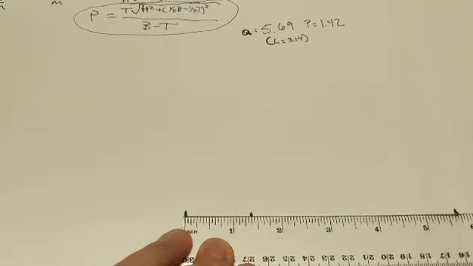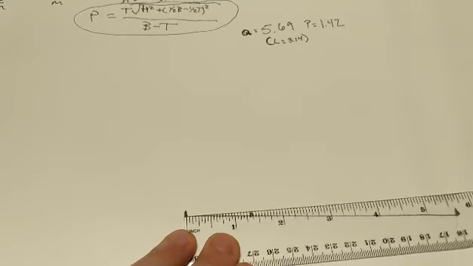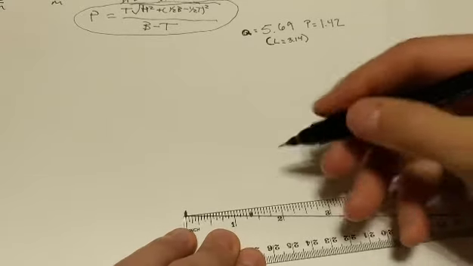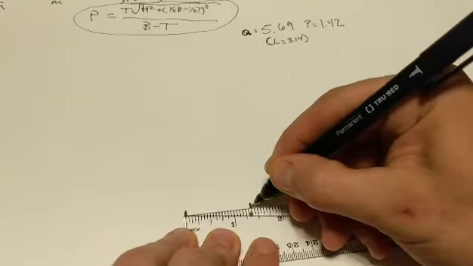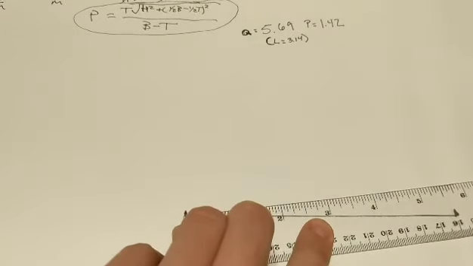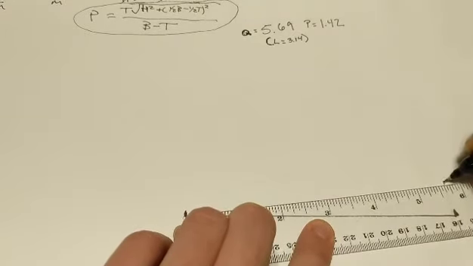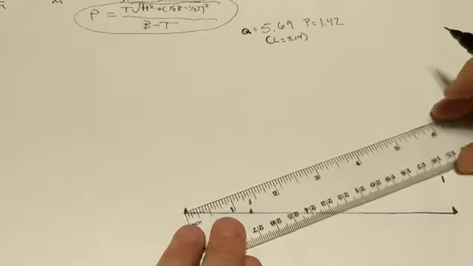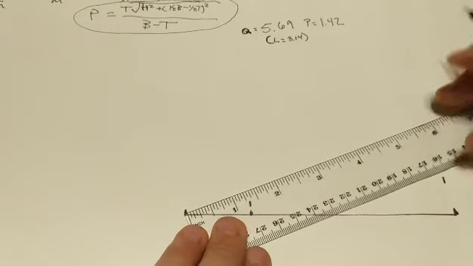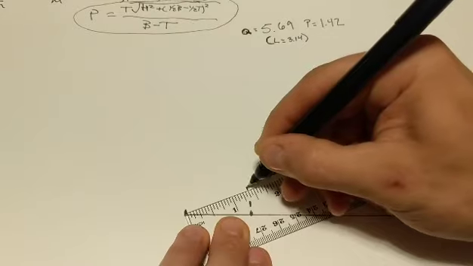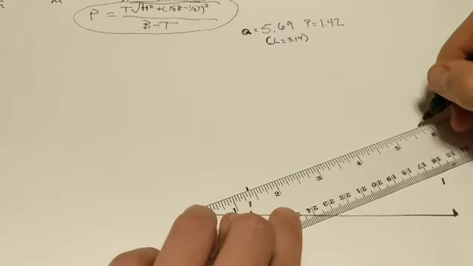Then I'm going to keep my ruler in the same spot at the bottom, move it up a bit, and mark in the same spot, 1.42, a little less than 5 3/4. And I'm going to keep repeating this.